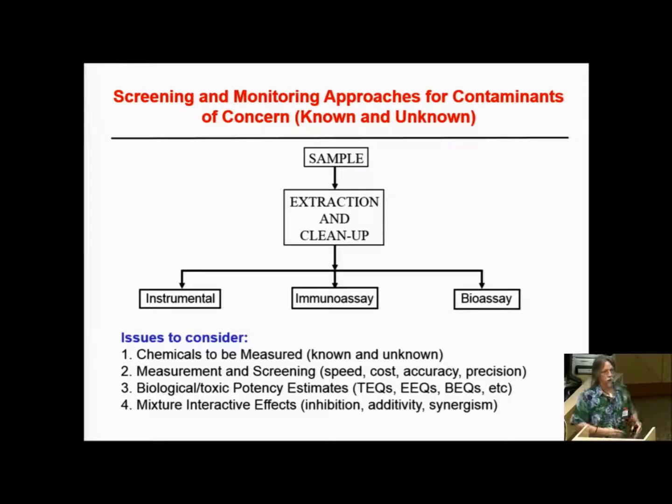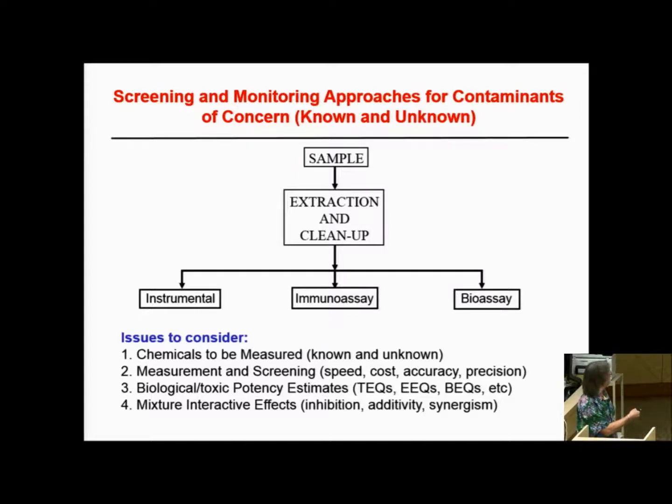Immunoassays are great for a given compound or structure-related compounds, but again, you don't know exactly what's associated. So when we think about these, it's what chemicals are we measuring, knowns or unknowns, or are we trying to find new types of compounds.